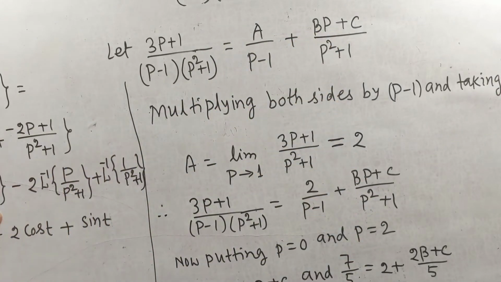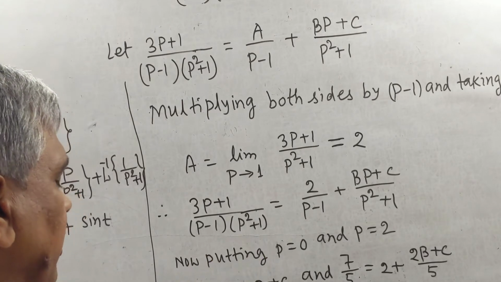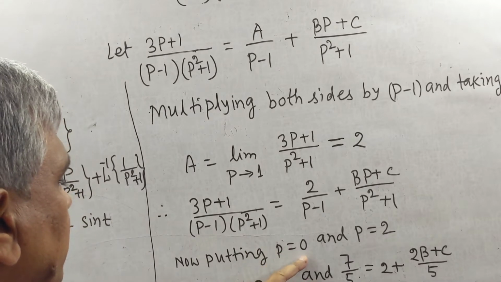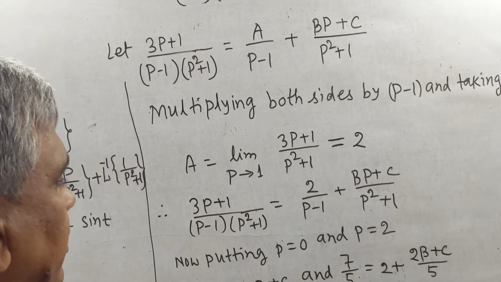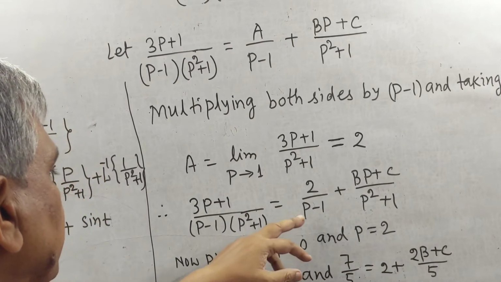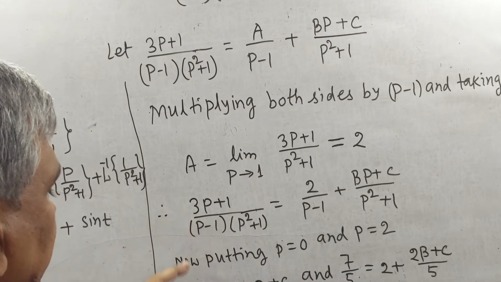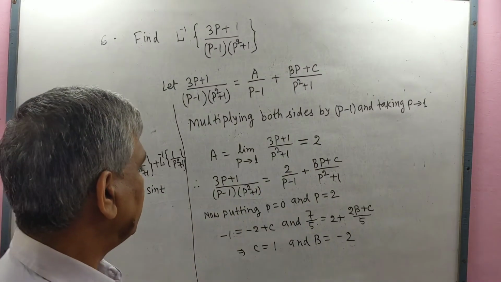Now we have to find the values of b and c. So we may put any value of p which is suitable. Here we take the minimum value p equal to 0. It does not make any denominator 0. So we may put p equal to 0 in both sides. Here we get this side minus 1 and this side minus 2 plus c.